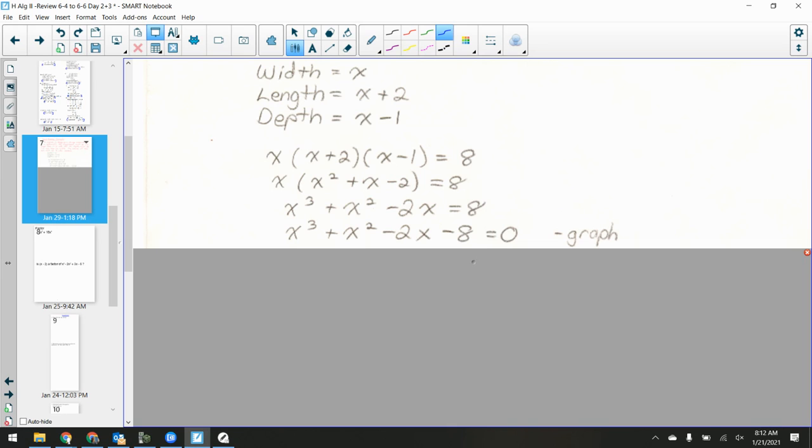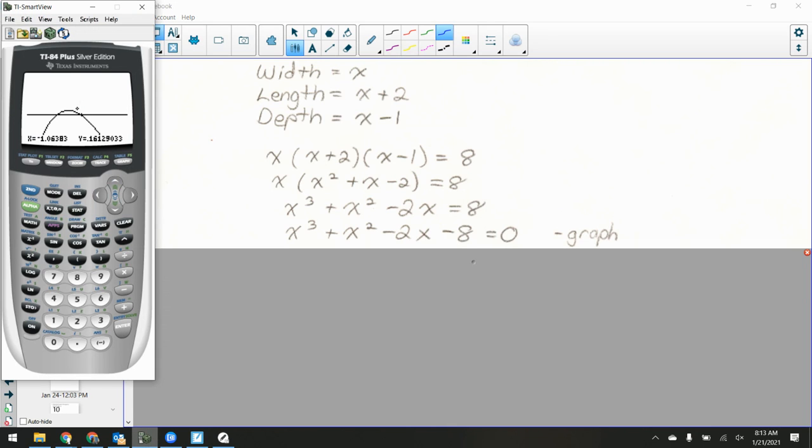Go from there, if you have not already done so. Okay, so there's the graph of that.